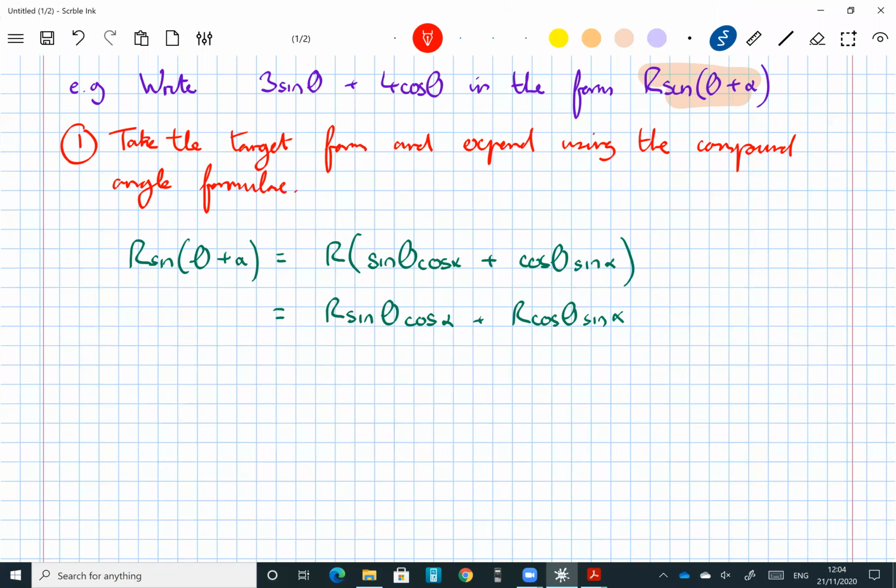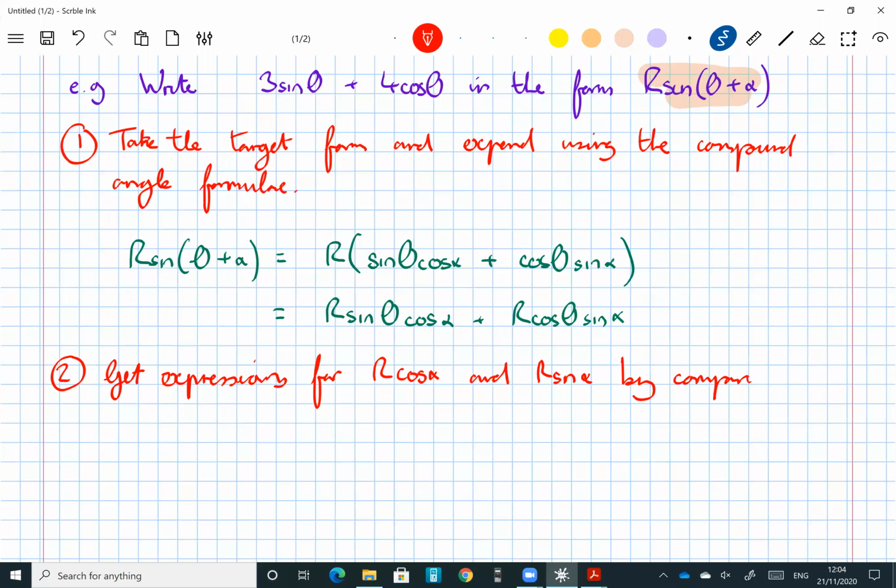So step 2, get expressions for r cos alpha and r sine alpha by comparing coefficients.